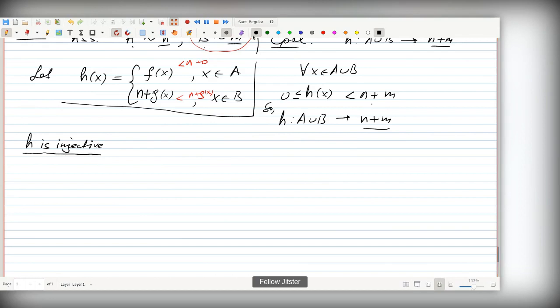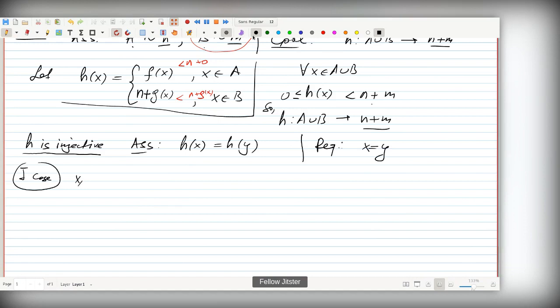h is indeed injective. Let us prove it. Assume that h of x equals h of y. What is required? Clearly, to prove injectivity, it is required that x equals y. Here we have 4 cases.